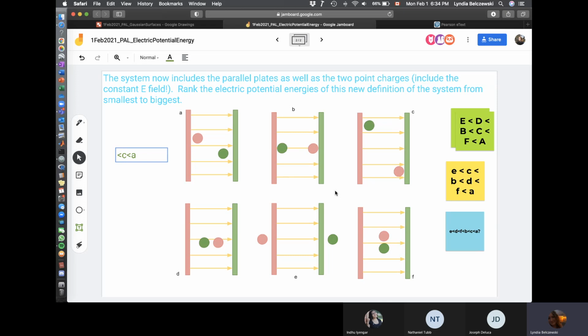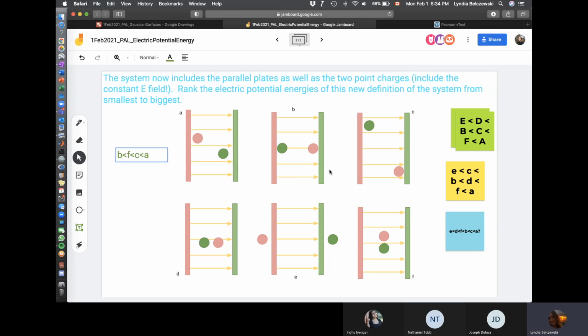They are pretty close. So I'd say the particles would probably have to move a bit further for system F. So system F might have a slightly bigger potential energy than B. But those two do look kind of similar.